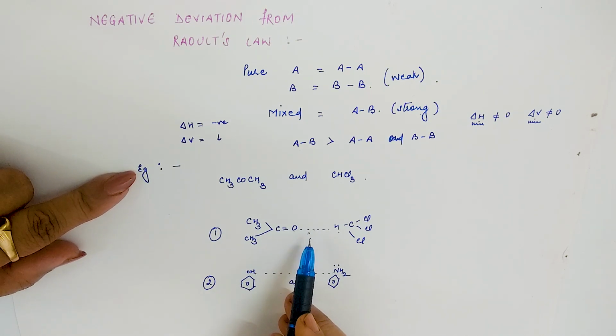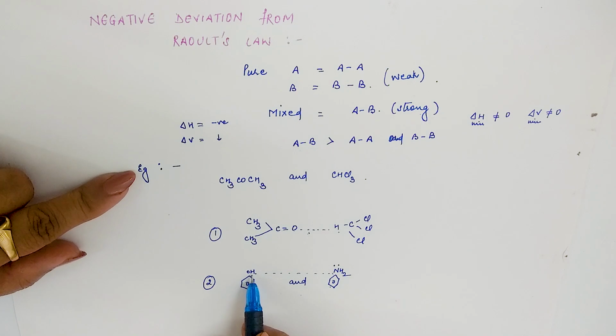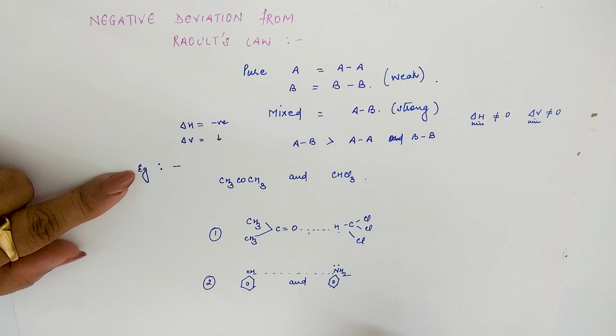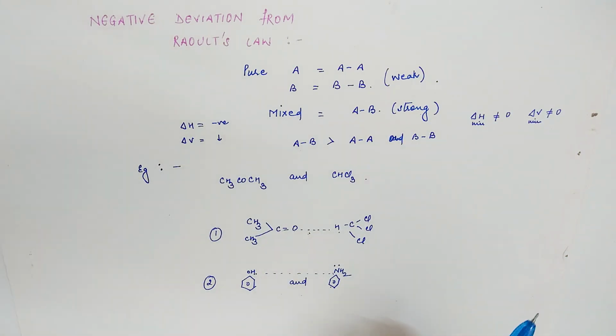The negative deviation. Similarly, when phenol is added to aniline, the nitrogen of the aniline gets bonded to the hydrogen of the phenol by hydrogen bonding. Therefore, this is also an example of negative deviation. Before this, the forces were weak. After adding, the forces get strong. Okay, so vapor pressure decreases.